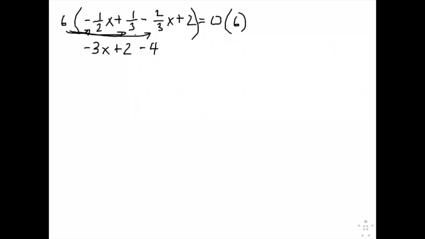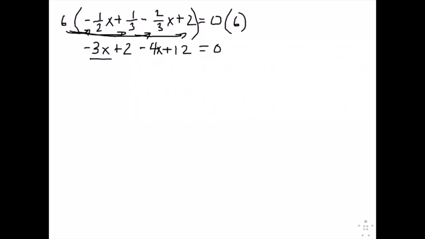And then the 6 times the last one, the 2, is plus 12, equals 0 times 6 is 0. So now we have like terms, quite a few. Oh, this was -4x. Sorry, I made a mistake on that one. It was 6 times -2/3 x, which is -4x.